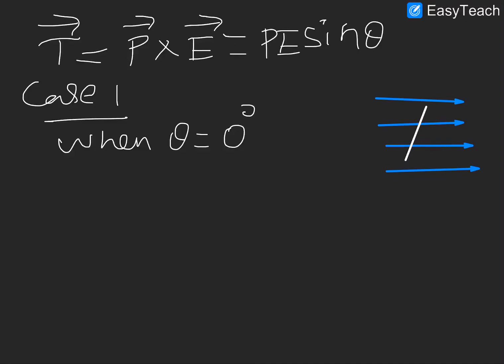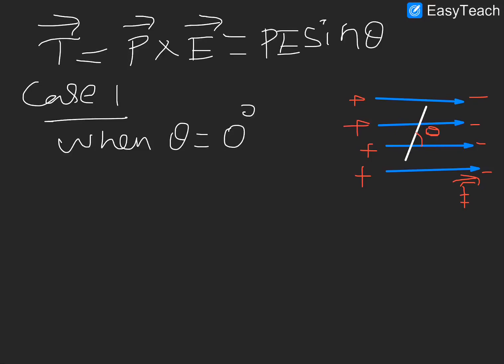Now what is theta here? Theta is nothing but the angle made by the dipole with the electric field. This is the electric field direction. This side is plus, this side is minus.